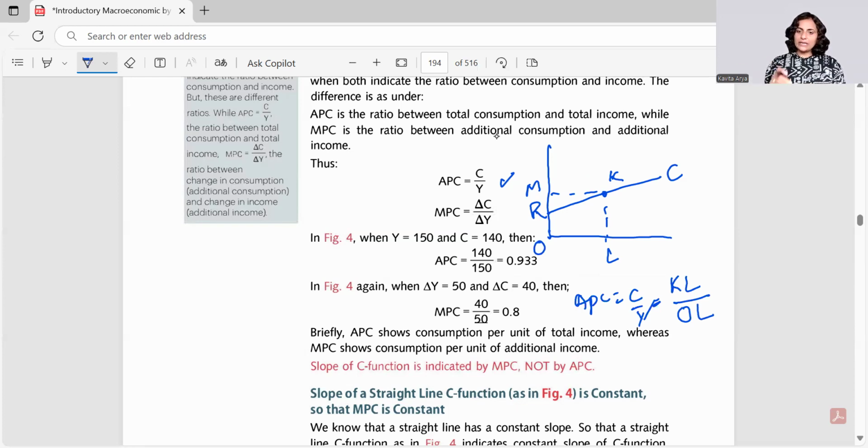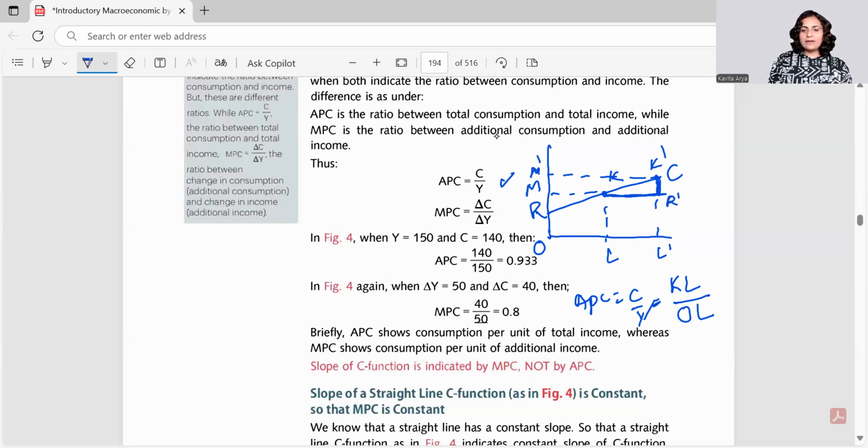And in this very figure, if they say find out MPC, you take another point of reference K dash, drop it down to L dash, and take M dash. What is the change brought in consumption and income? You make this line meet and name it R dash.